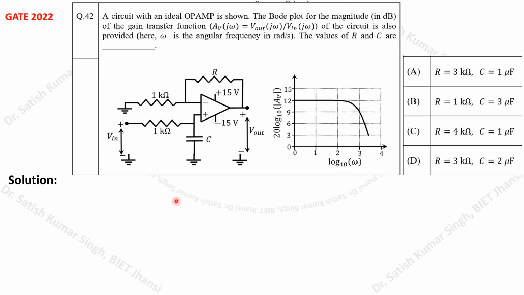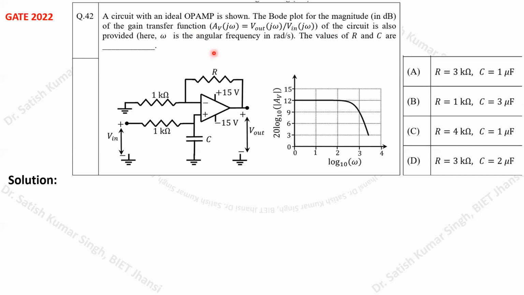If you read the statement of the problem, it is mentioned as a circuit with an ideal op-amp shown. The Bode plot of the magnitude in dB of the gain transfer function A_V, which is defined as V output divided by V input of the circuit, is also provided.